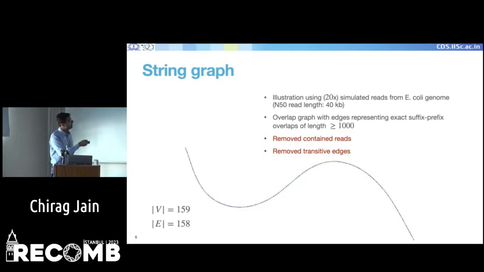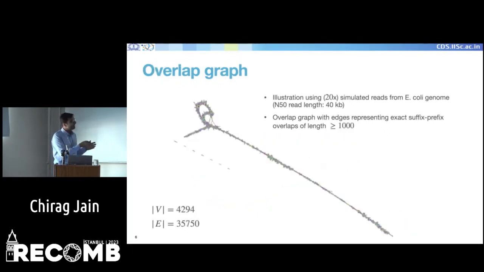As you can see, once we remove all the contained reads and the transitive edges, what you get is a nice clean graph that spells the entire genome with only 159 vertices and 158 edges. If we don't apply these cleaning steps, what you have is a messy graph with significantly more vertices and significantly more edges. I would argue that without these steps, this graph is in some sense useless to an end user, because the length of the unitigs is very small in such a graph.